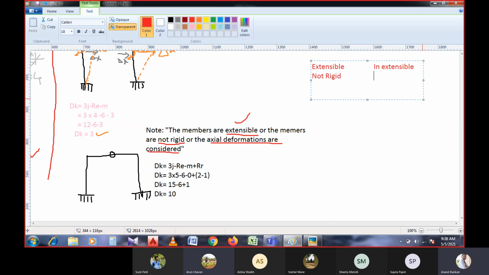Here you could say rigid, and axial deformations not considered.